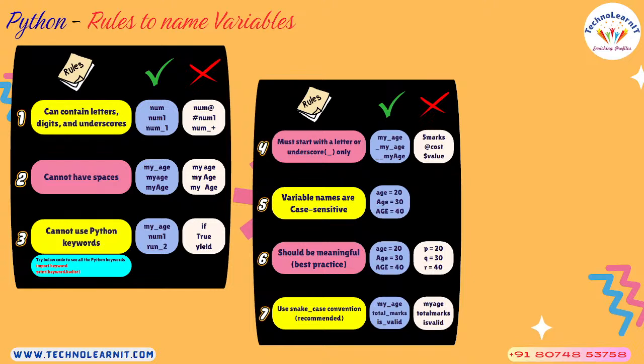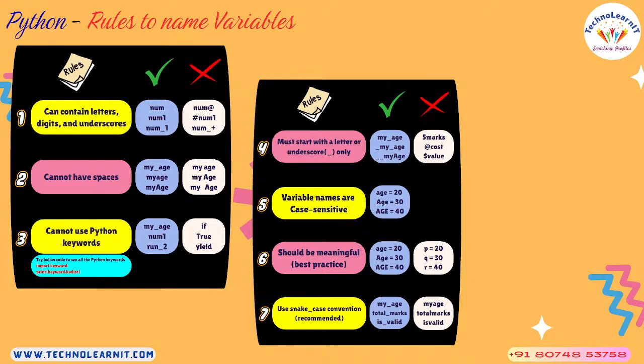Similarly, another example is total marks. Total is one word, marks is another word, so use total_marks. Similarly, my average marks: my_average_marks. You can use multiple underscores within your variable name. is valid: is is one word, valid is another word. is_valid makes sense as a variable name, which is called snake case convention.